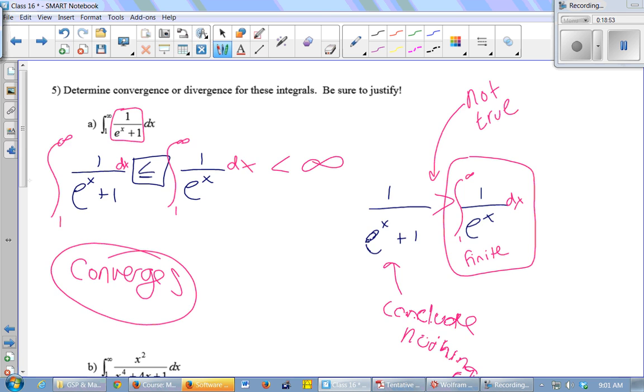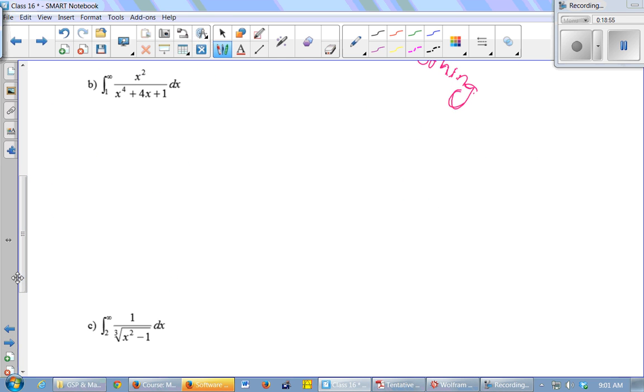And why did you choose p to be 2 here? 1 over x squared. Yeah, x squared over x to the fourth simplifies to 1 over x squared. So if I can somehow compare this function to 1 over x squared, I know 1 over x squared converges.